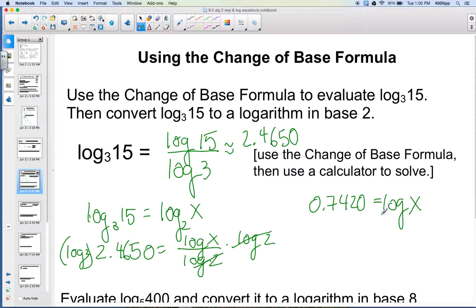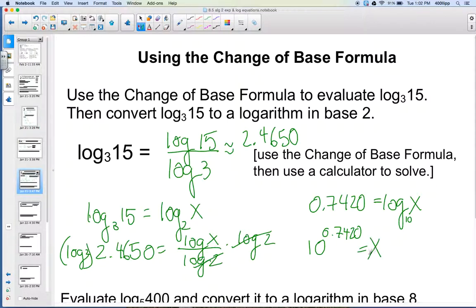So now we're going to change it to exponential form, and we know that if there's no base written in, it's a base of 10. So I have 10 to this power, 0.7420, is equal to x. So then don't clear it out of your calculator and just go 10 to that power.